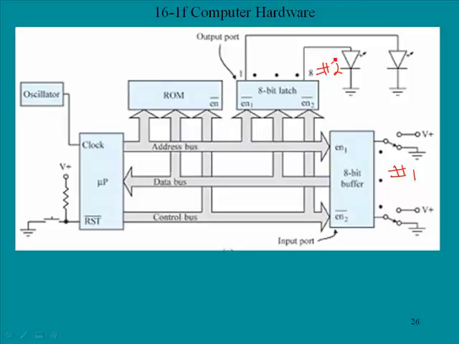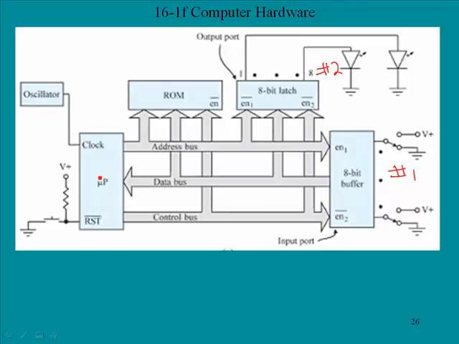Device number 2 is sent from the temporary latch to the address bus. The signal IO write, which is a write command, is activated on the control bus, and the contents of the accumulator are sent down the data bus.